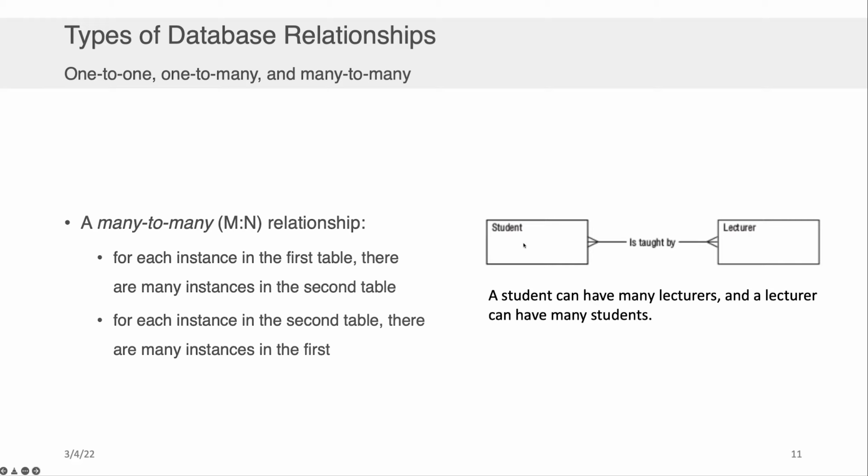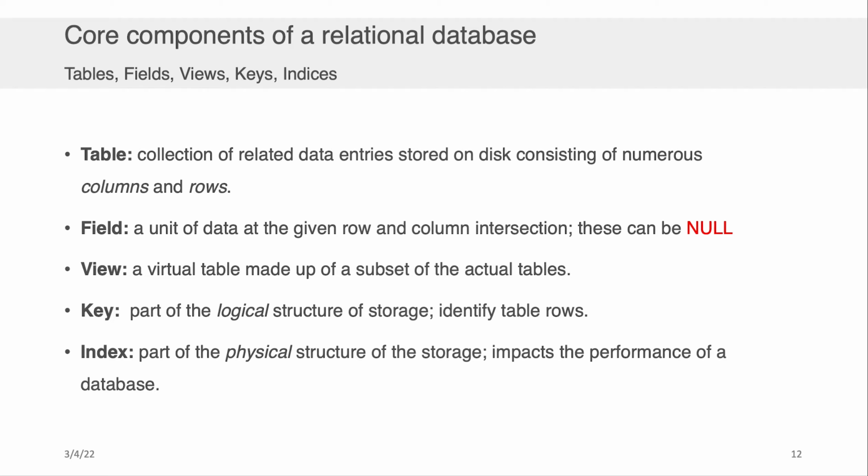A student can have many lecturers, depending on what classes they're taking, but a lecturer can also have many students. And there's not necessarily a parity between going from students to lecturers and going from lecturers to students. So these are the three kinds of relationships that you'll see in relational database systems.